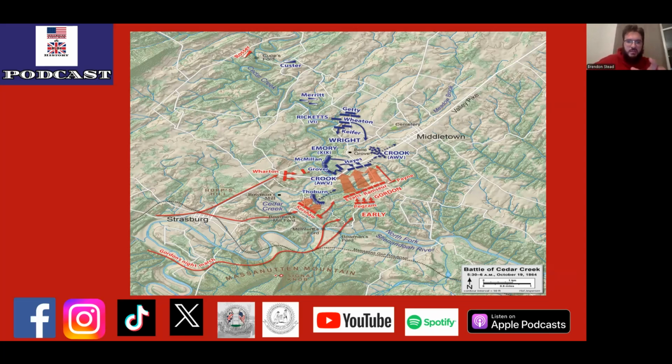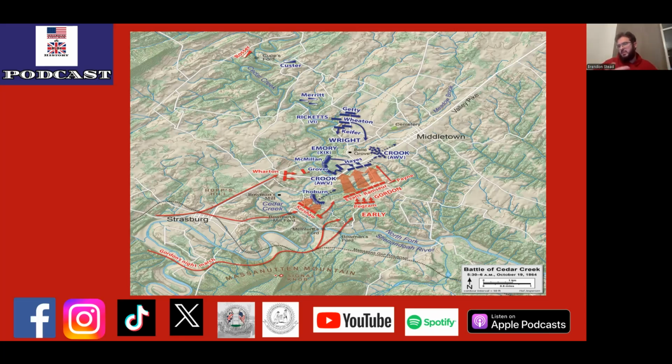As you can see on this map, Gordon has several brigades there. You have Evans, Ramseur, and Payne. They are starting to attack Hayes, who some of you may know as the future U.S. President Rutherford B. Hayes, commander of the Union Second Division.